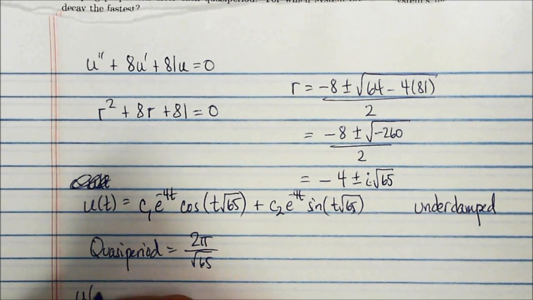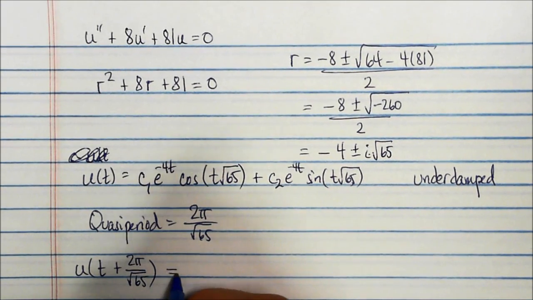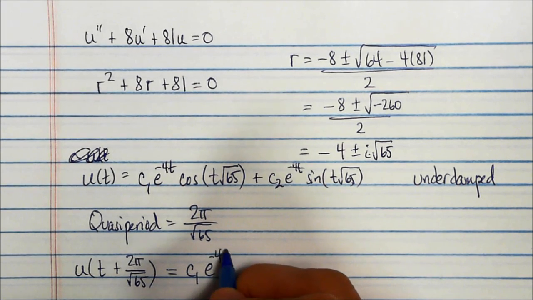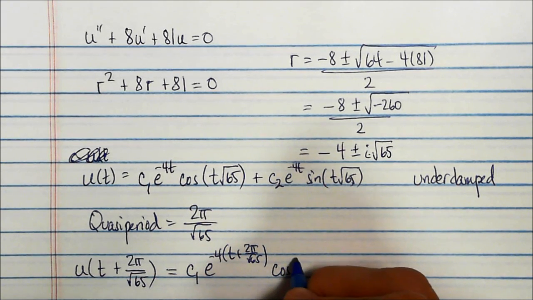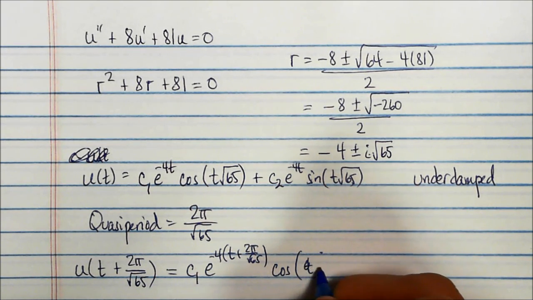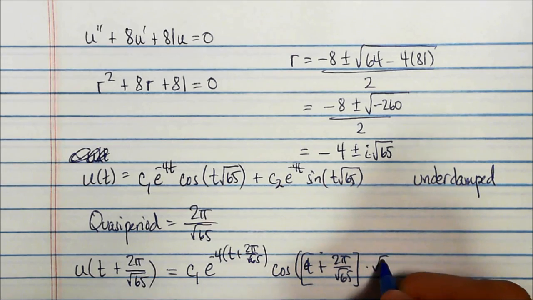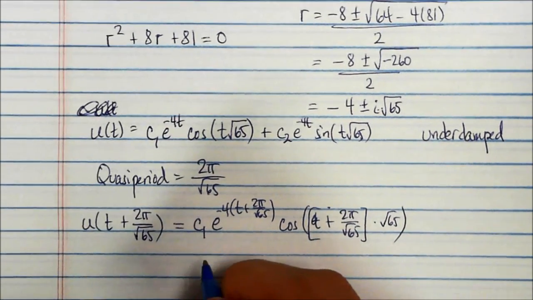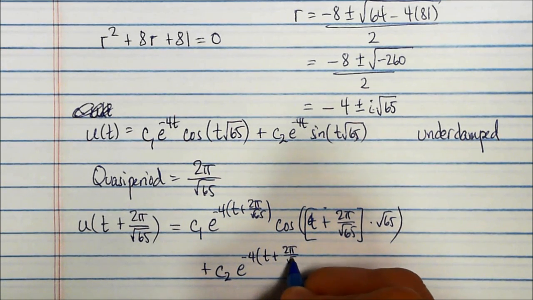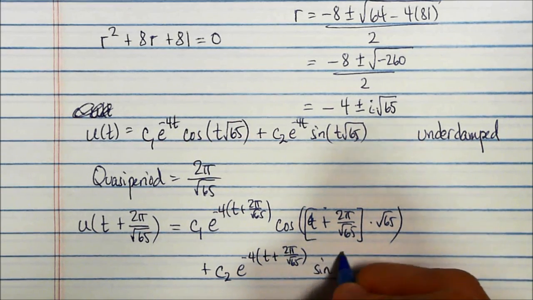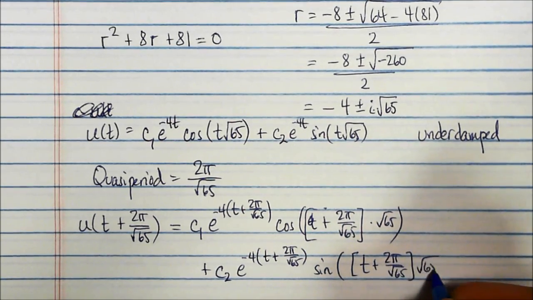That means that if I take u of t plus 2 pi over square root of 65, that's going to be equal to c1 e to the minus 4 times t plus 2 pi over square root of 65, times the cosine of t plus 2 pi over square root of 65, times square root of 65, plus c2 e to the minus 4 times t plus 2 pi over square root of 65, times the sine of t plus 2 pi over square root of 65, times the square root of 65.